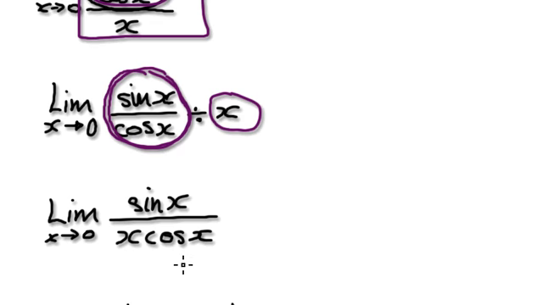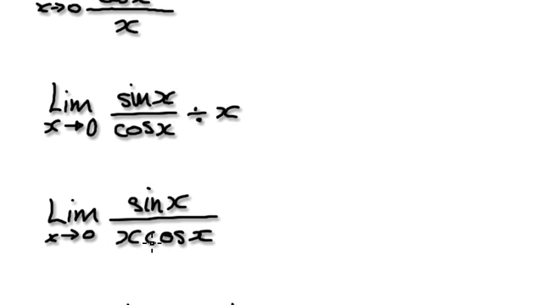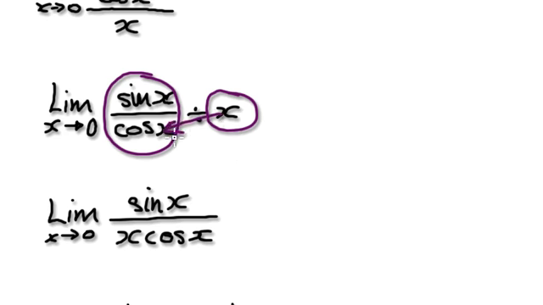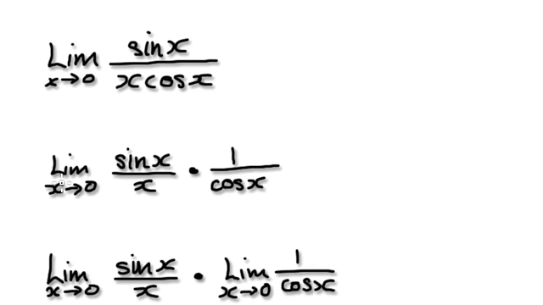And when you divide a fraction, it gets multiplied to the bottom. So it would be x times cos of x here. So imagine it as a number divided by x, and then it gets multiplied to the bottom. So it would then become this. And then split this up into two separate fractions.